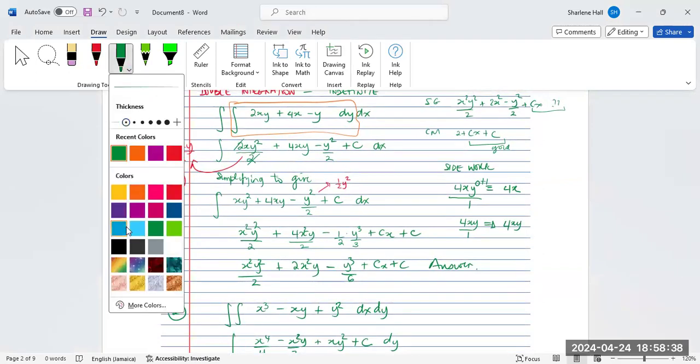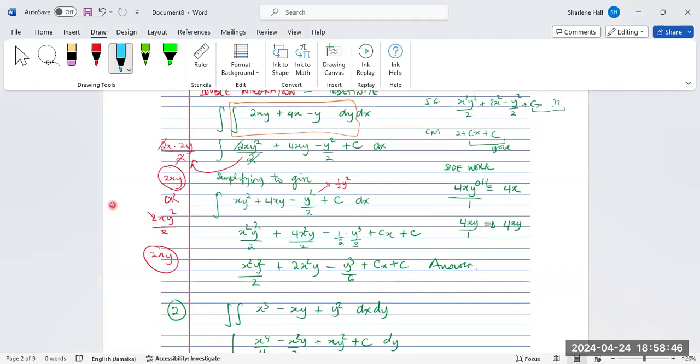All right, let me try highlighting with a baby blue, a light blue. Watch me. You notice when I'm integrating with respect to y, and I have my xy there, I don't need to add a y there.